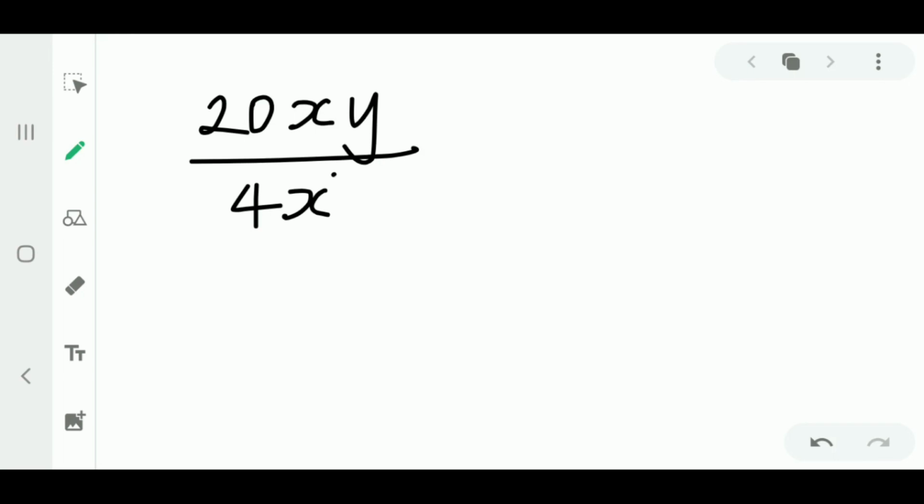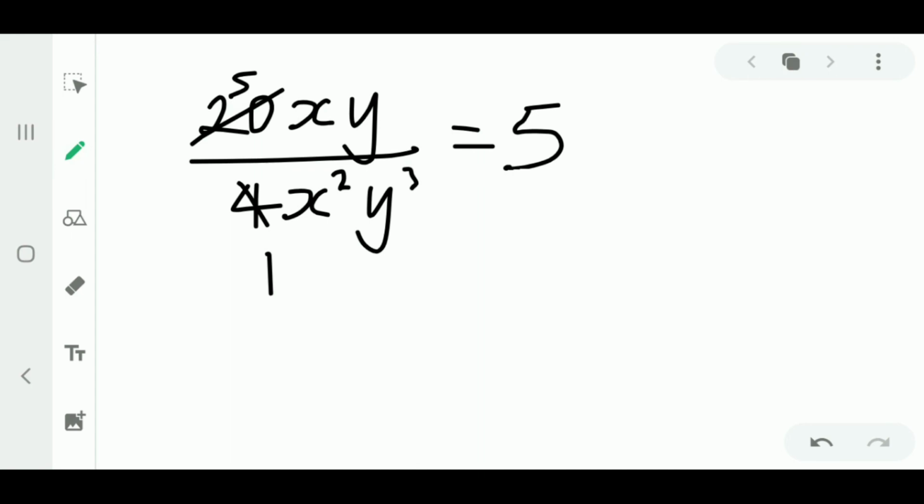Let's try one last one. 20xy over 4x squared y cubed. So we say 4 into 4 goes 1, 4 into 20 goes 5. So now we have x divided by x squared.